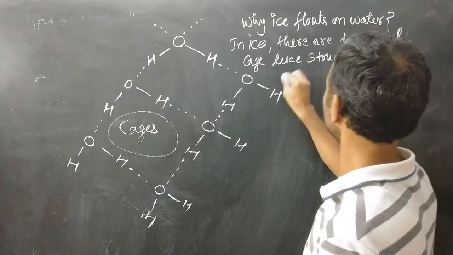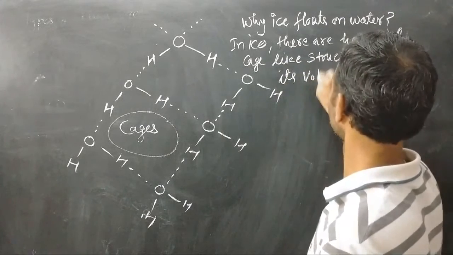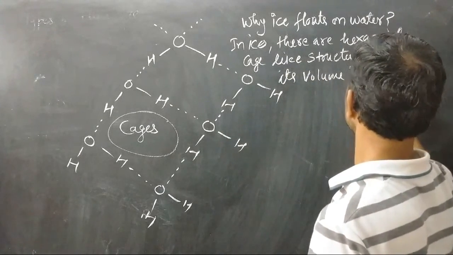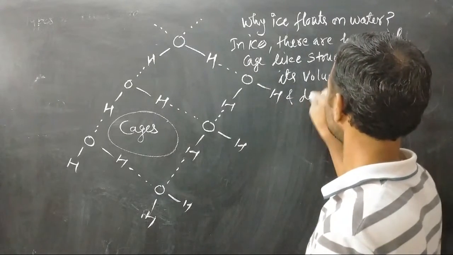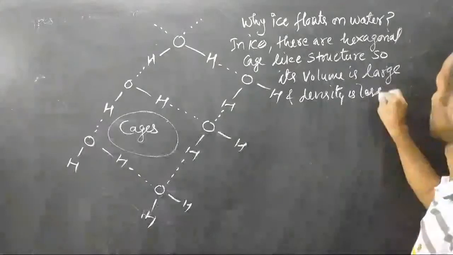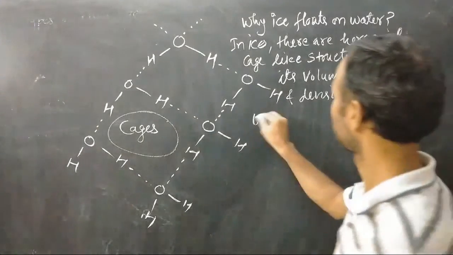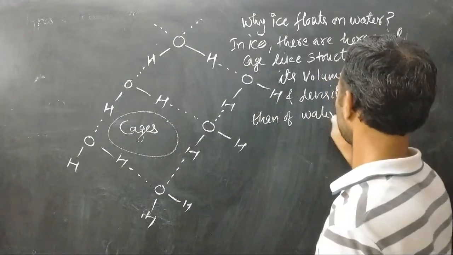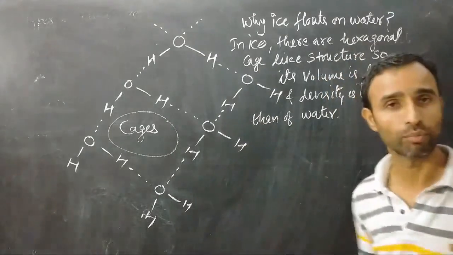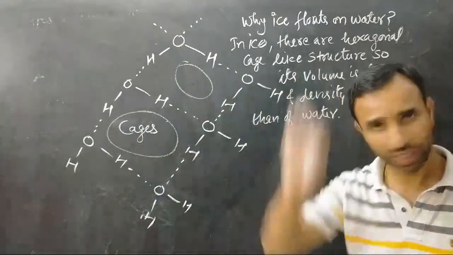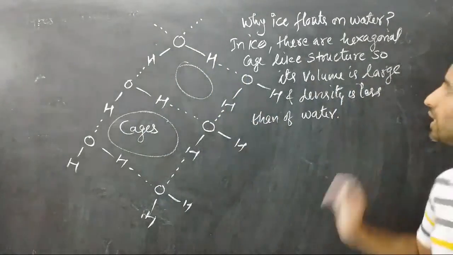So its volume is large and density is less than that of water, because when ice melts, these cages are filled with water, so volume decreases and density increases.